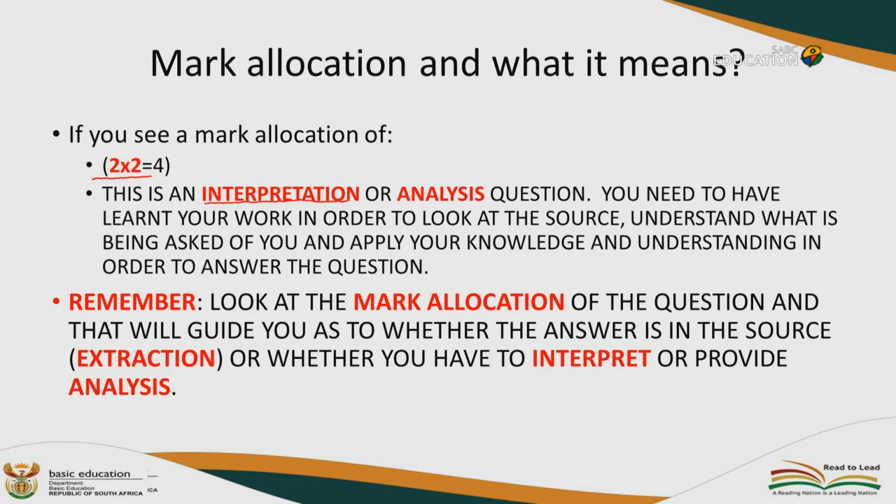You need to have the background and the content to the interpretation of information that you have studied in class in order for you to answer this question, because it requires you to interpret the information or analyze the information from the source.